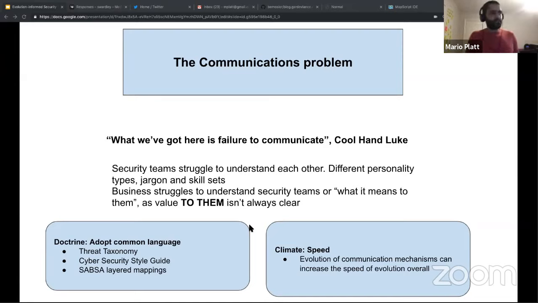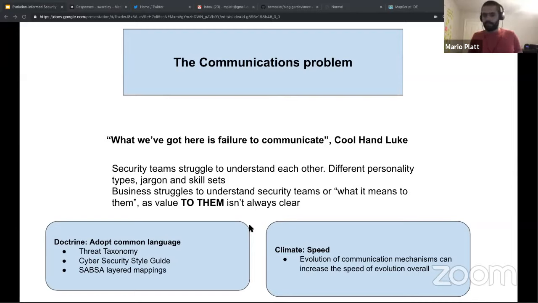We're going to go through why I believe there's that gap in communication and what we can do about it. One of the important principles of doctrine, what are called phase one principles, is adopting a common language. In the security field, I think we need to adopt a common language, not only when talking with the different security teams, meaning security incident management, risk management, assurance or audits, but also towards the organization, talking in ways that the business will understand what we're on about.